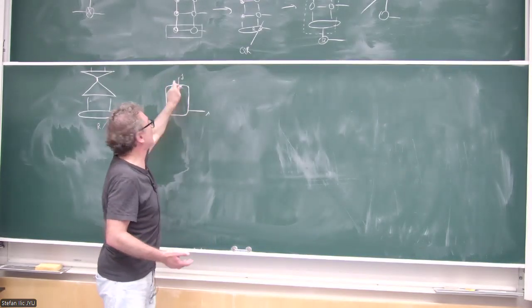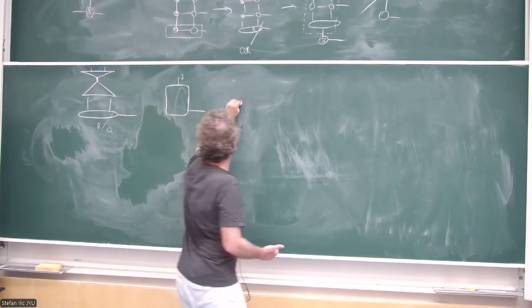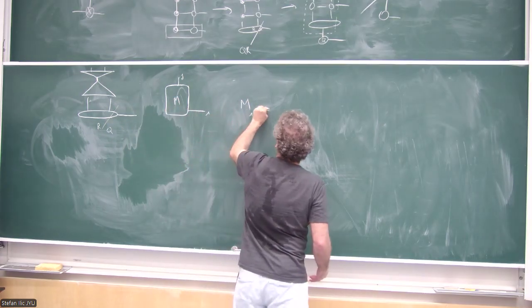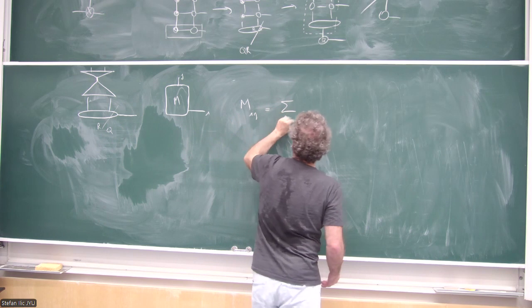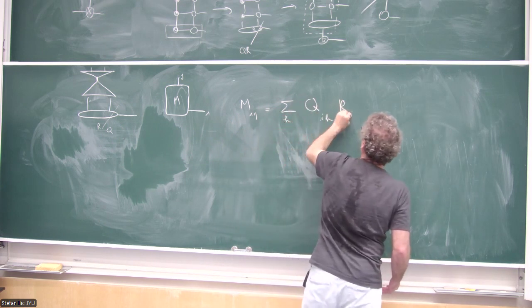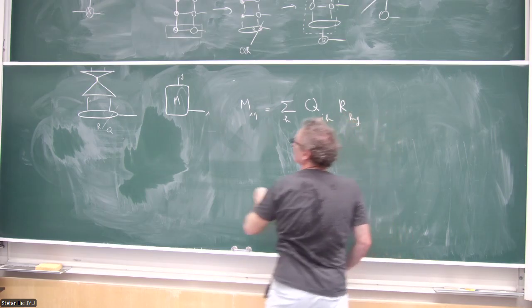Now, this matrix, you consider it as I and J. So this is row and this is column. So you write this matrix M_ij as the sum over K of Q_ik R_kj.